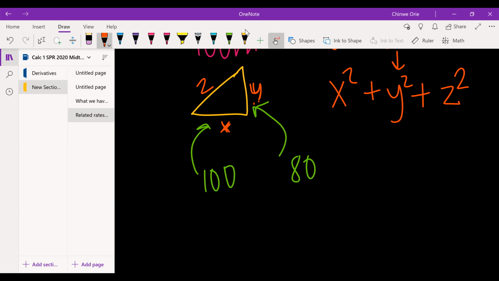Take the derivative from left to right. X squared, the derivative, you know what that is. First you take the derivative with respect to the variable itself. That's how implicit differentiation works.